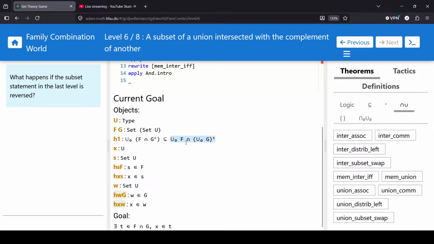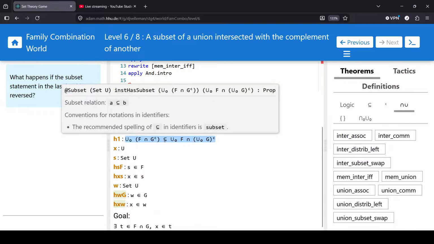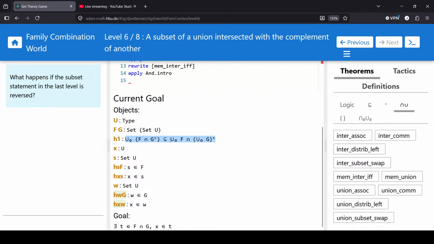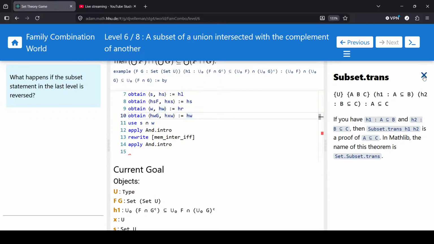But H1 is sitting here. Oh, can I? I don't think I can rewrite anything there though, right? Because you're... yeah, you're this.